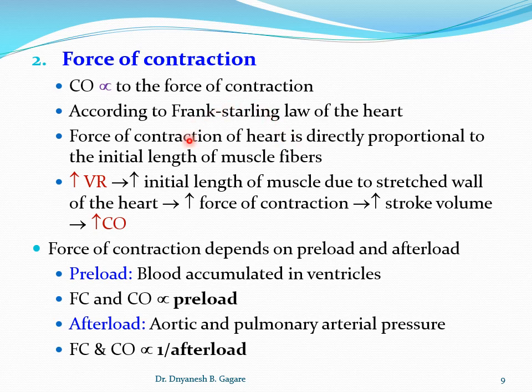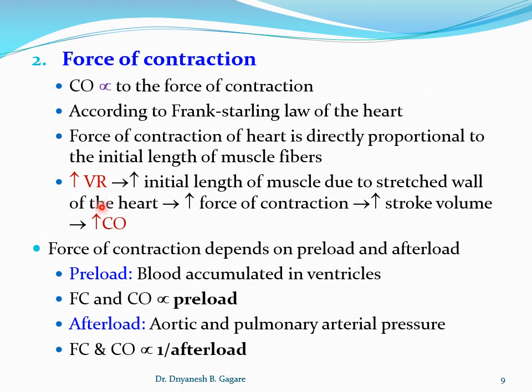So remember, try to understand, suppose venous return is increased. There is an increase in force of contraction. How is the force of contraction increased? If there is an increase in venous return, there is an increase in cardiac output. How is it achieved? From the last slide, we said that cardiac output is directly proportional to the venous return. Imagine that the venous return is increased.